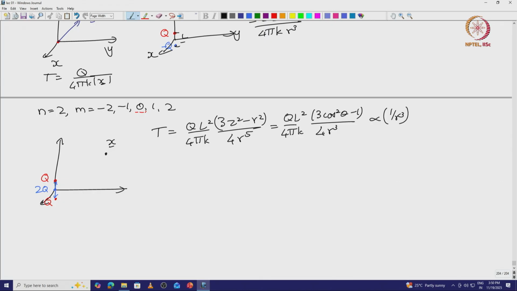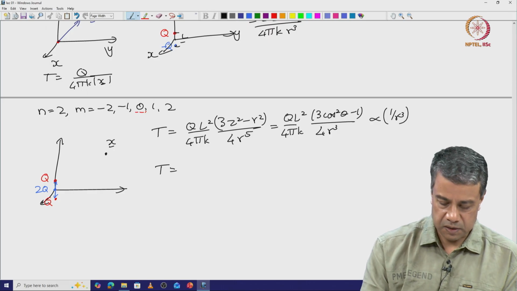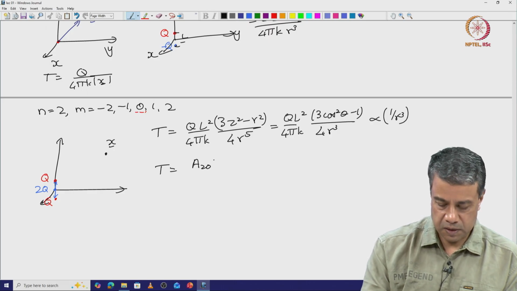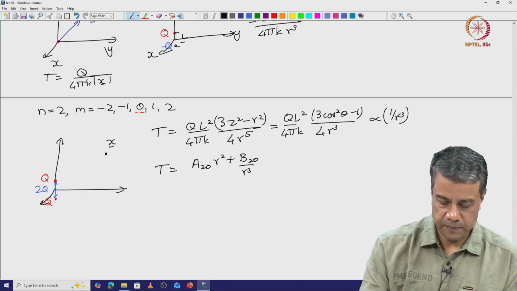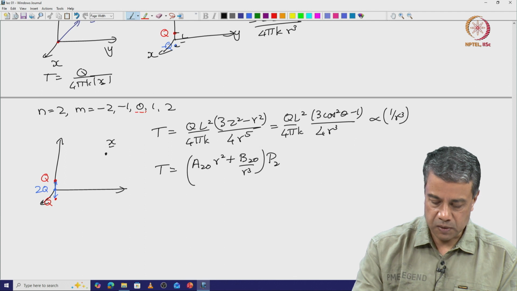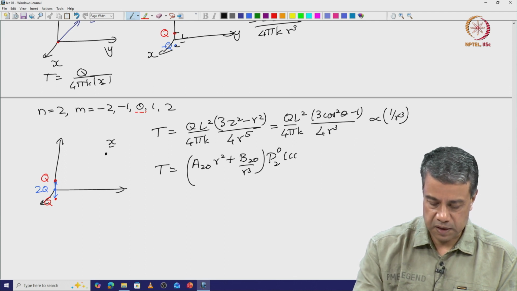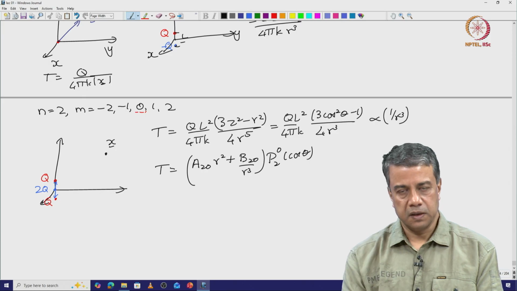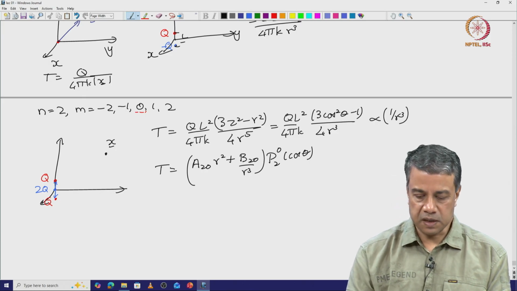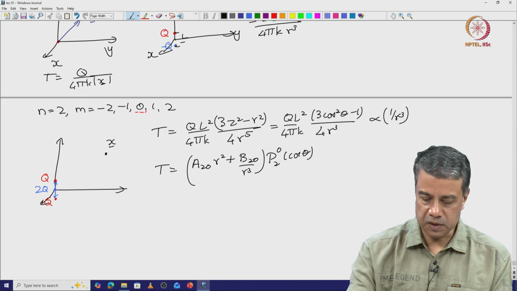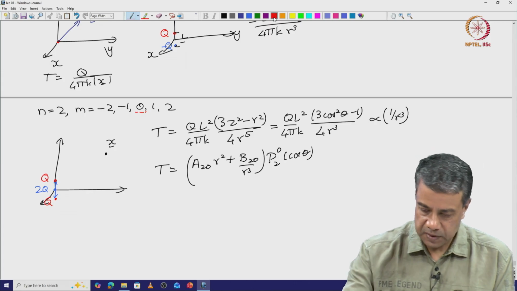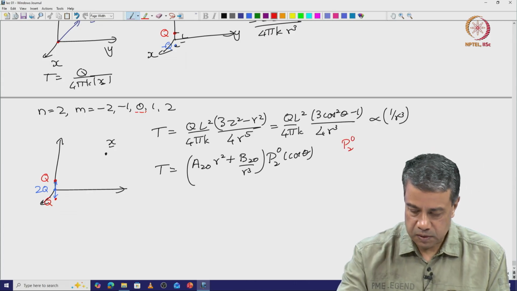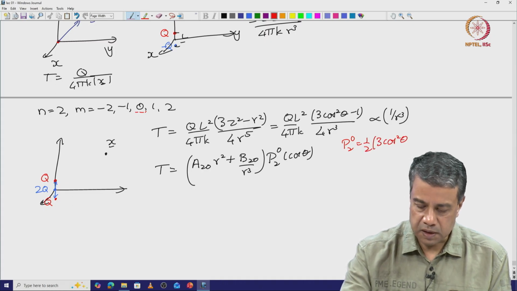Recall our expansion. T for n is equal to 2 and m is equal to 0 will be (A_20 r square plus B_20 by r cubed) into P_20 of cos theta. When we derived the Legendre polynomial expansions, I told you that P_20 is equal to half of 3 cos square theta minus 1.